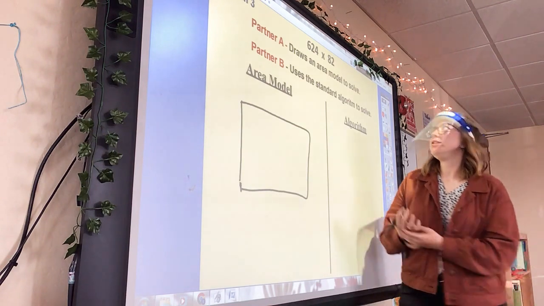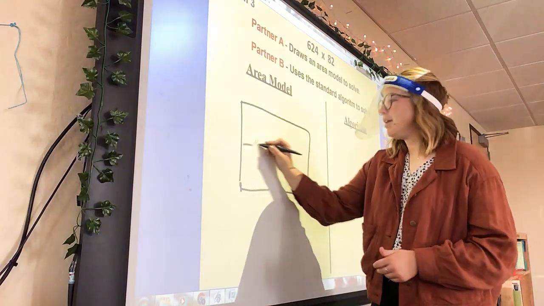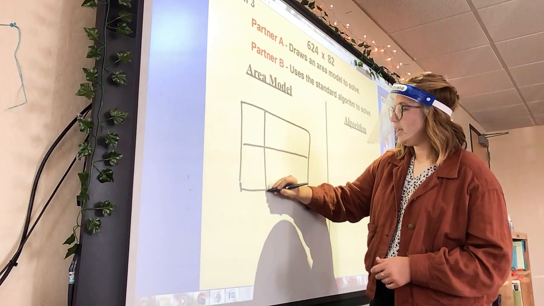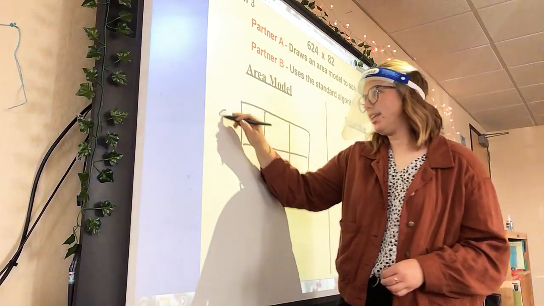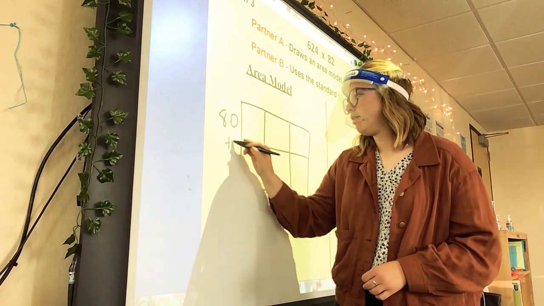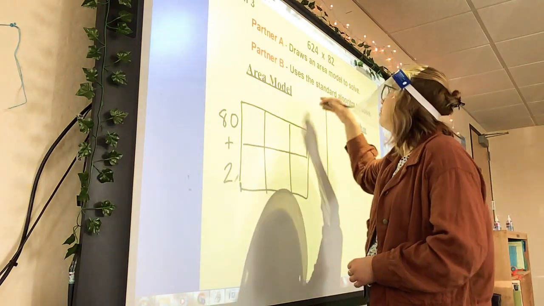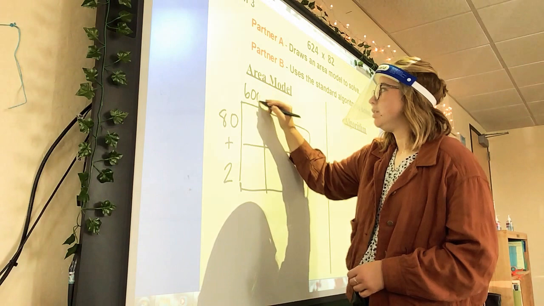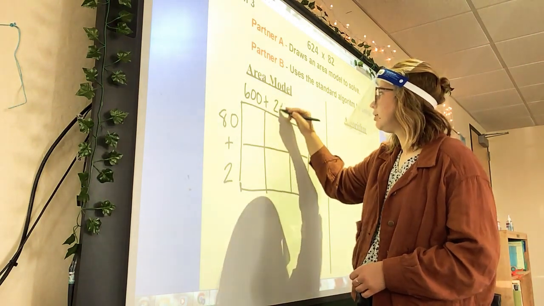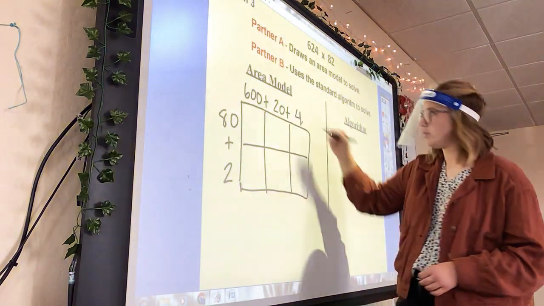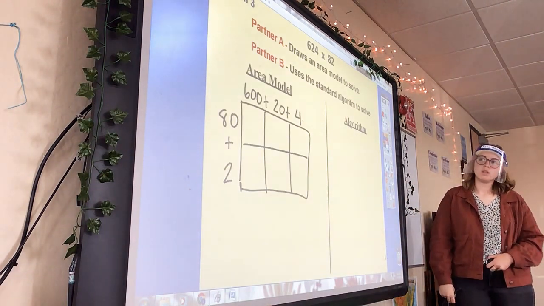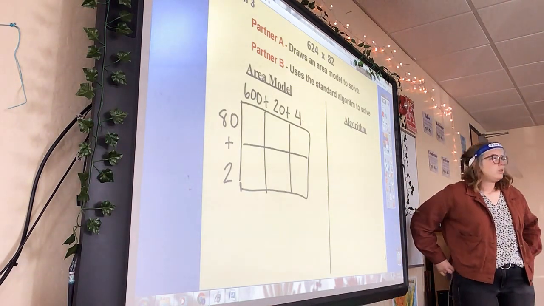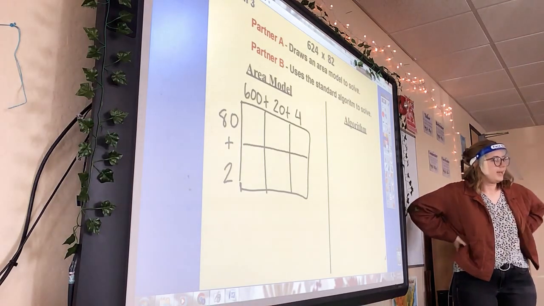Okay. Once you do that, if you can set up your area model by splitting it into its proper squares, that would be great, and then labeling it on the side and the top. Okay, much better, fifth grade.